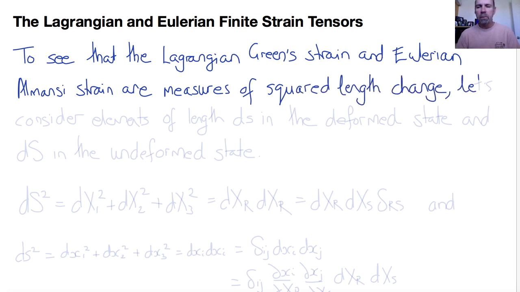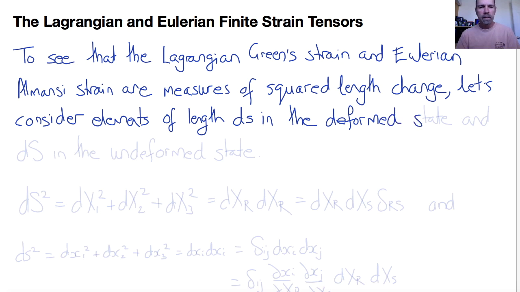The square comes about from the fact that we needed to take F transpose F or F F transpose to eliminate the rotation and be left with something that only depends on stretch. You can think of this as being a consequence of Pythagoras' law. So we'll consider elements of length d little s in the deformed state and d big S in the undeformed state.